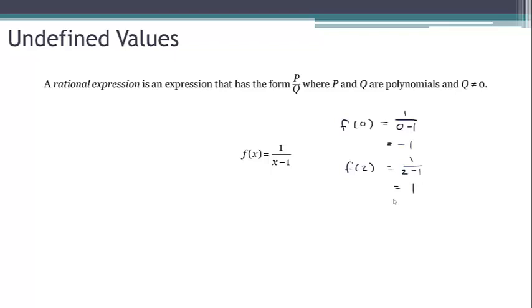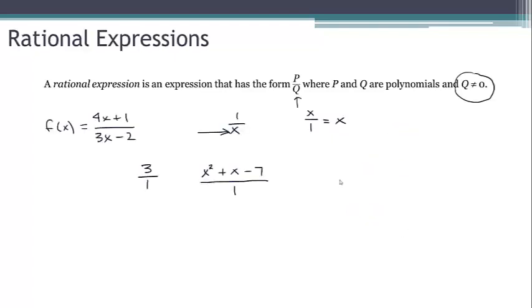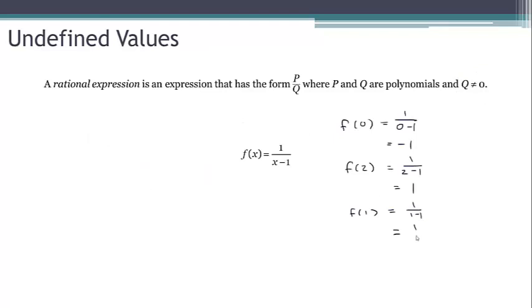Now, I want to try one more number here, and it's going to be a bad one. What happens if we try to evaluate f of 1? Well, that's 1 over 1 minus 1, which is 1 over 0. And that's not allowed.